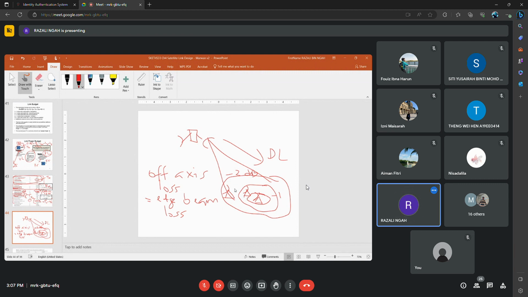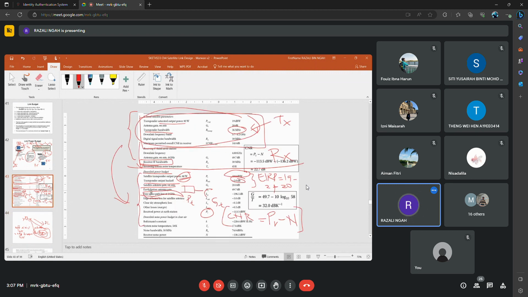So it depends on the location of the station. That refers to edge of beam loss. In the sentence, normally they mention that your earth station is located in the 3 dB contour. That refers to edge of beam loss of 3 dB.